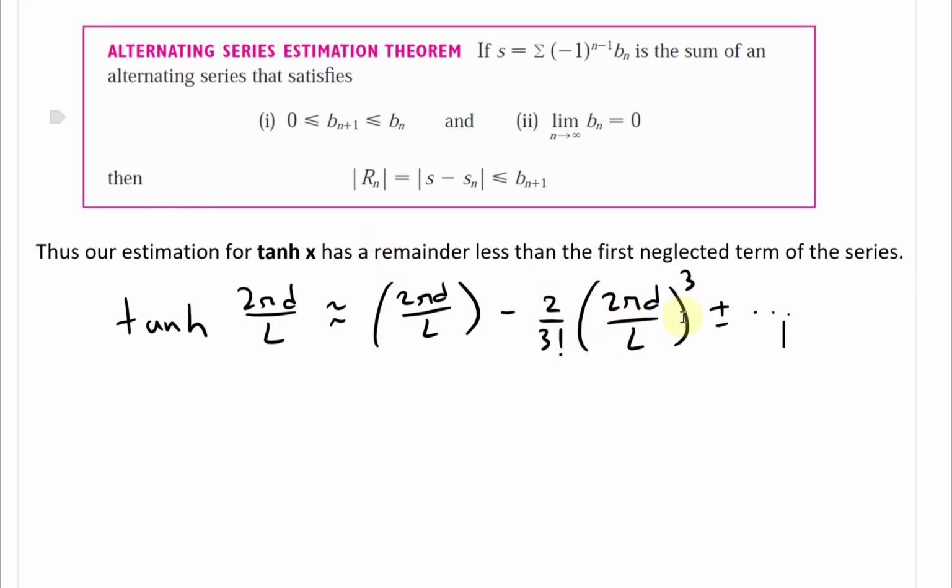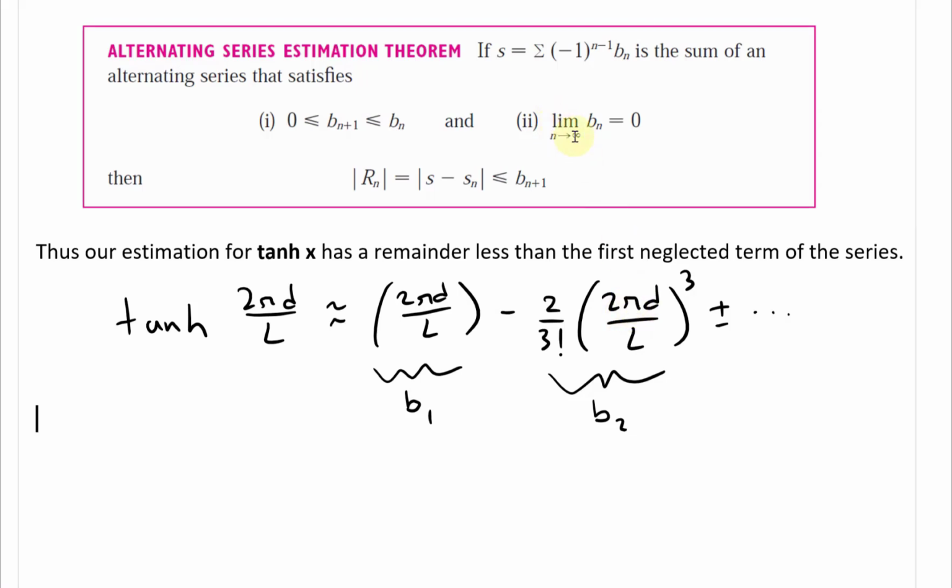This first term is our B1, and then this whole thing would be our B2, and we account for the negative signs there. All these values are positive, and this is all approaching 0 with each successive term.